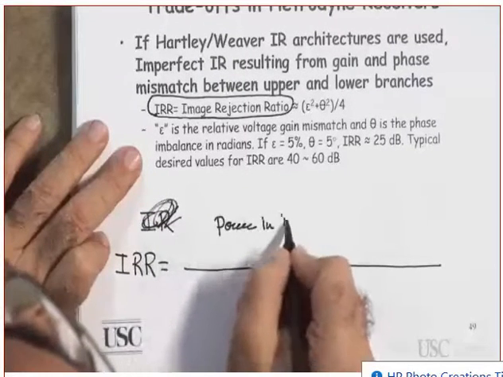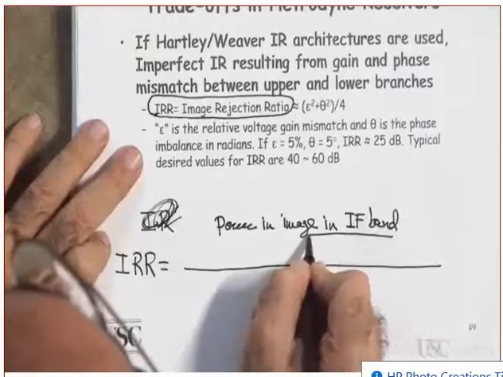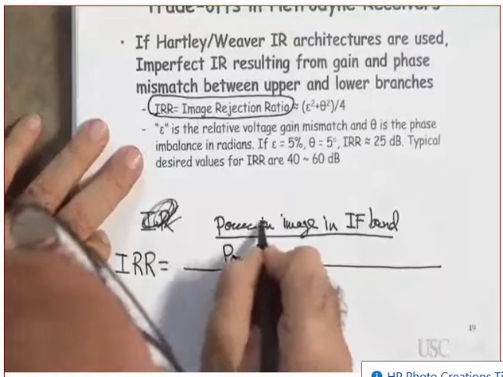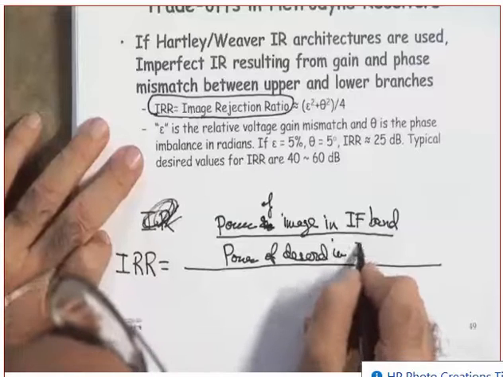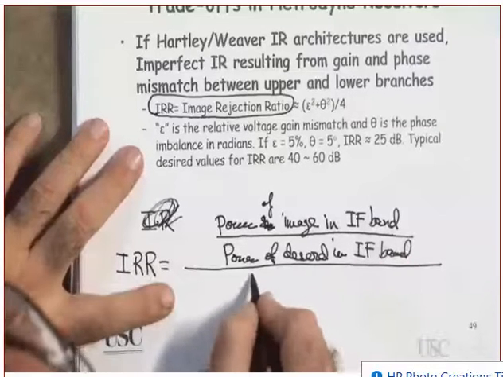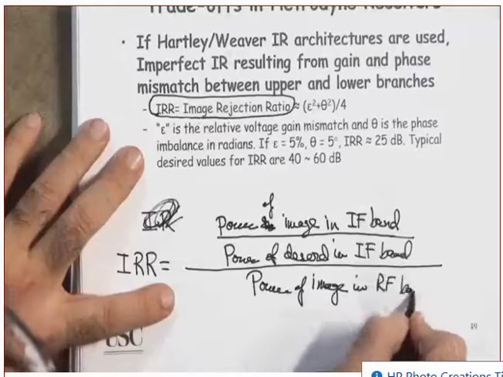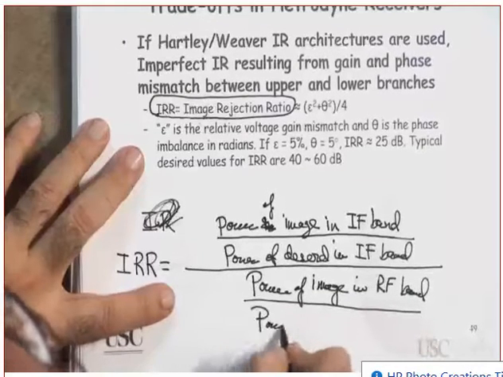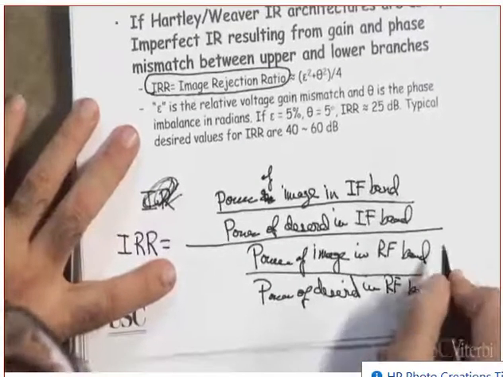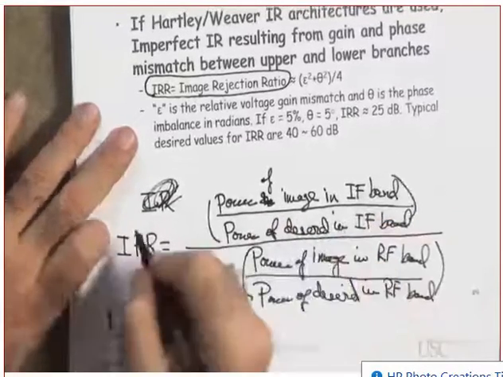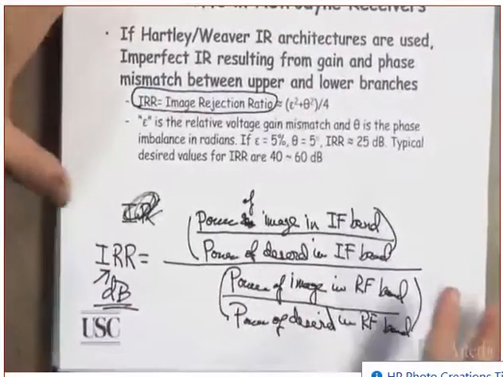Okay, power in image in the IF band, divided by power of desired in the IF band, divided by power of image in the RF band, divided by power of desired in the RF band. It's measured in dB. Clear? Okay.